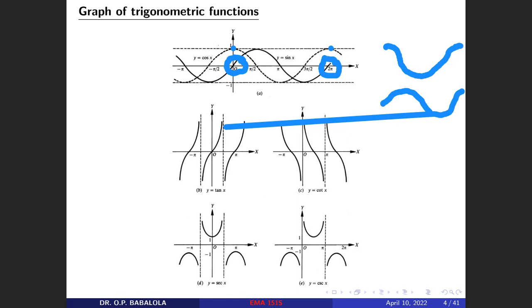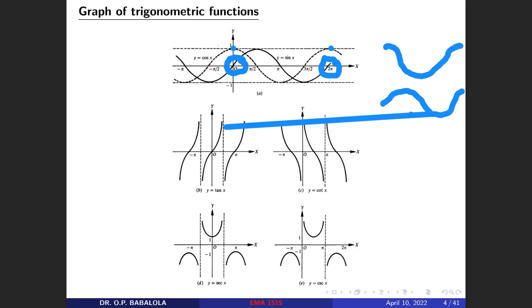I don't know why all of this is not working. That's fine. Okay, please ignore this line. It seems it's not going to be erased. But yeah, the graph of sine is the other one. And that shows you from 0 to 2 pi, okay?